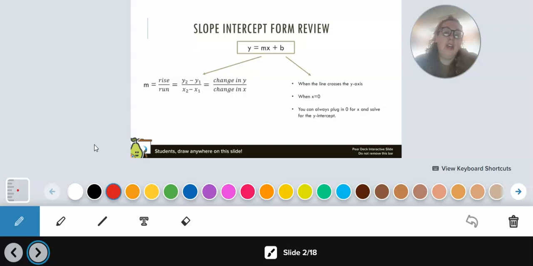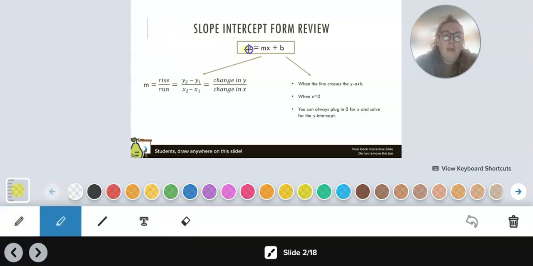One of the linear equation forms that we talked about in the last module was slope-intercept form. This is y equals mx plus b, where m is your slope, your rise over run: subtract the y's, divided by subtract the x's, change in y over change in x.